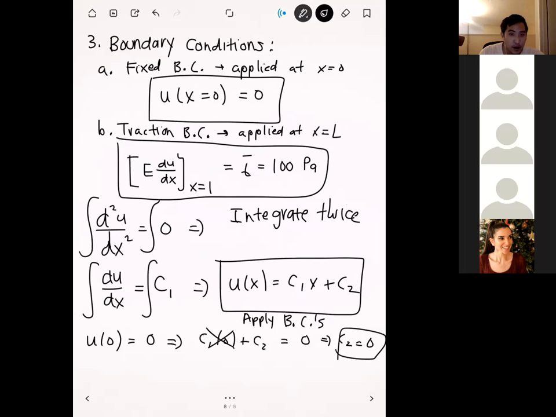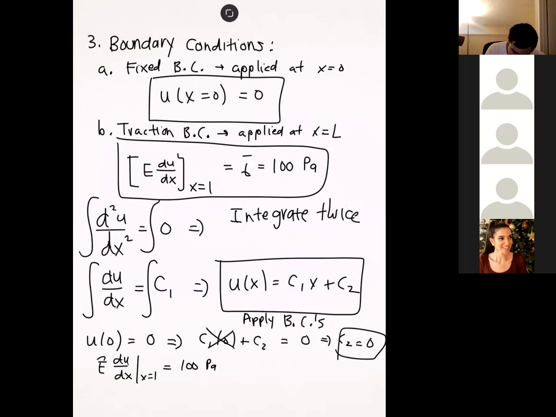Now let's apply our traction one. Our traction boundary condition is what we have up there. So we have E times du dx evaluated at x is equal to 1, and this has to equal 100 pascals. If we plug in from the problem, we know that E is equal to 100 kilopascals, sorry.